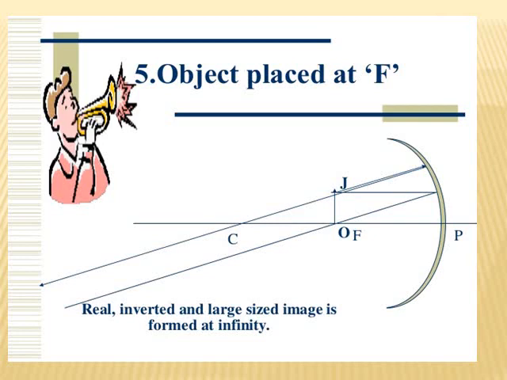As usual, let it be parallel to the principal axis and after reflection it will pass through principal focus. That is the first one. Second, join C and the point J, which is the top of the object. So any ray which passes through the center of curvature is reflected back in the same path.